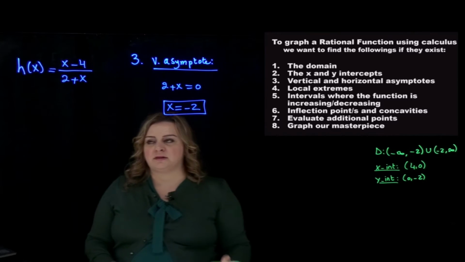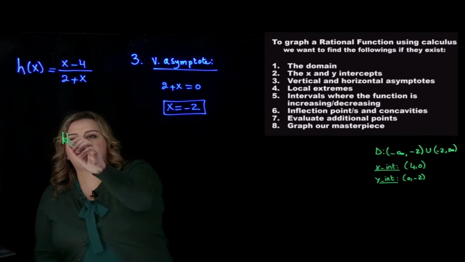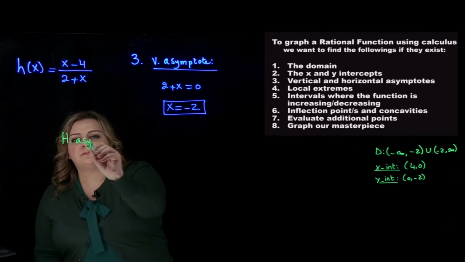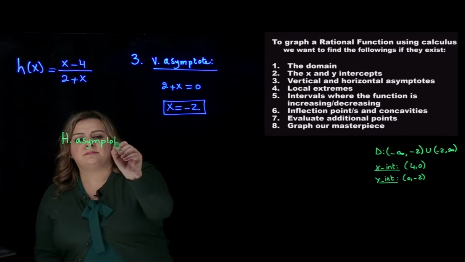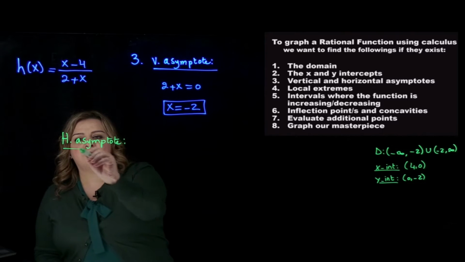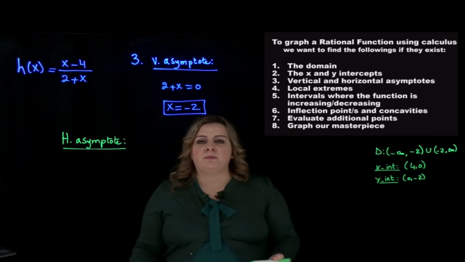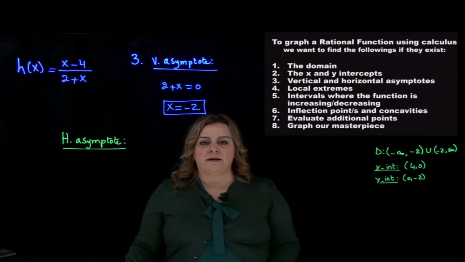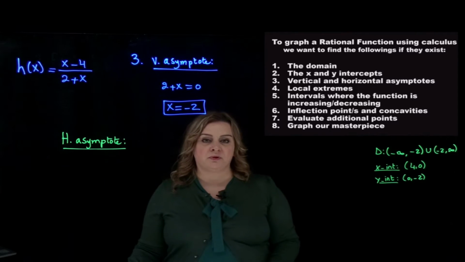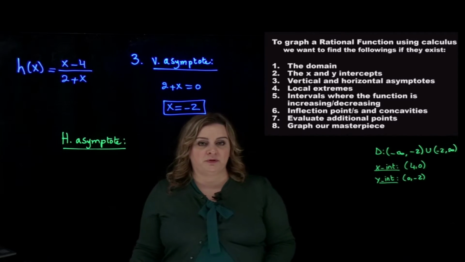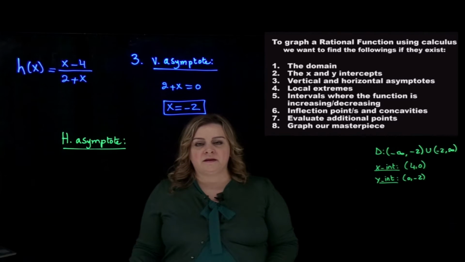To find the horizontal asymptote, we want to find y, the value of y when x approaches a very large positive number or a very large negative number. That is, we want to evaluate the limit of our function as x approaches positive and negative infinity.